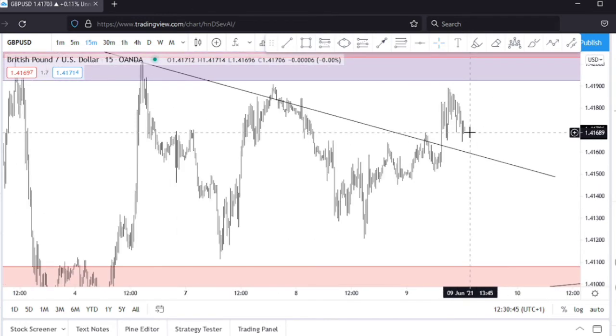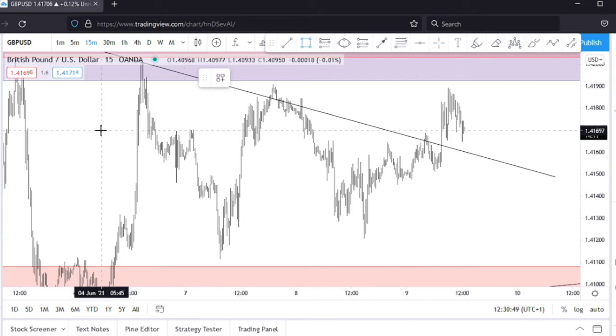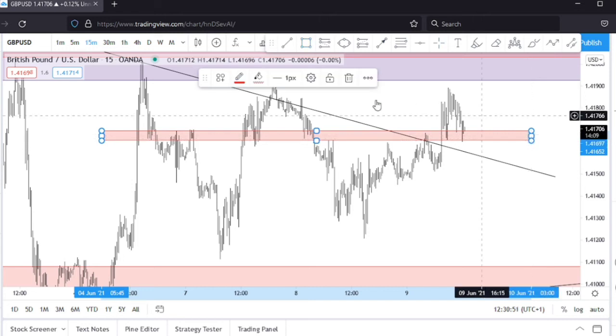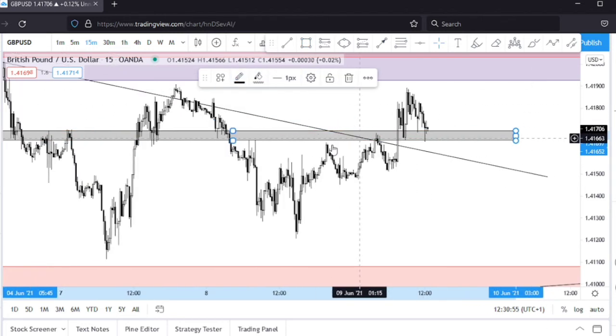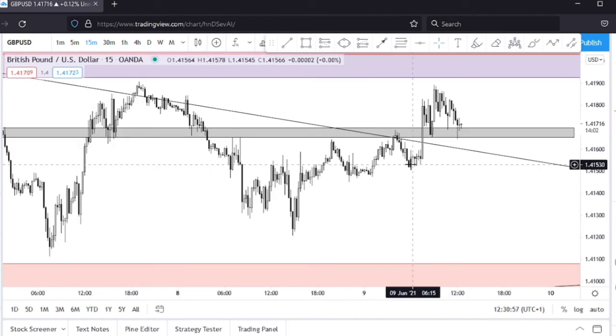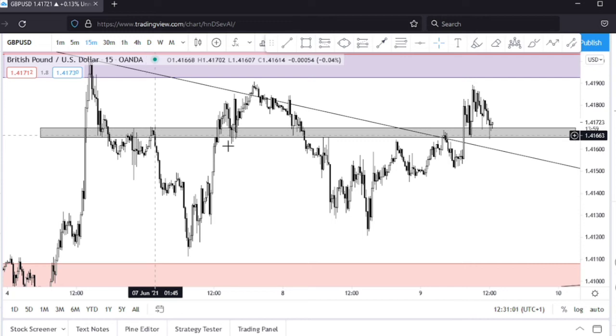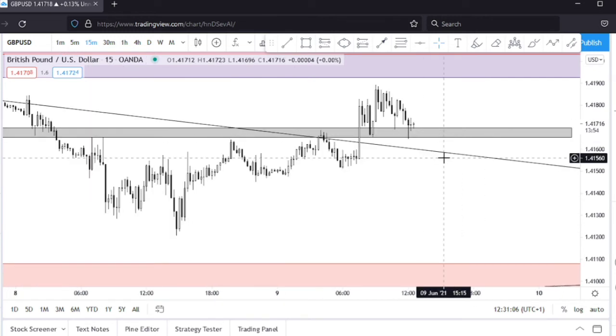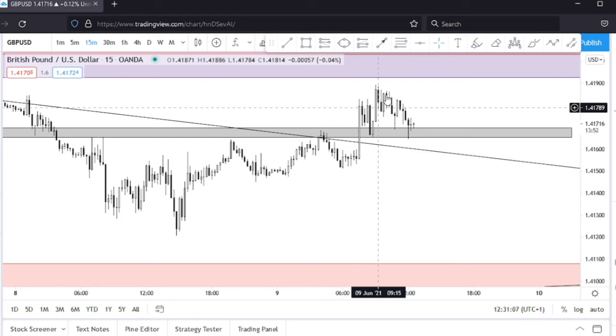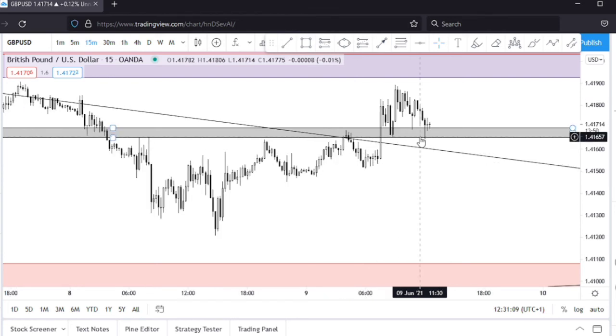So looking at this, there's an area of support over here. Let me represent this by black. Area of support over here that price is getting to, because they've got some reaction in these areas. Price has currently broken this trend line down here, and it's now forming some sort of reaction here.